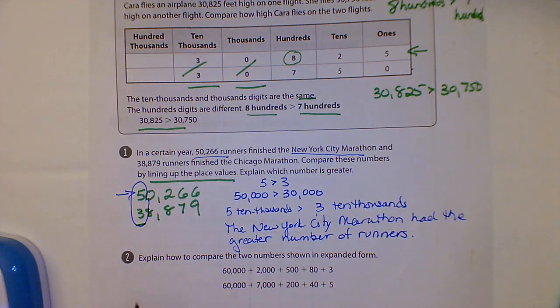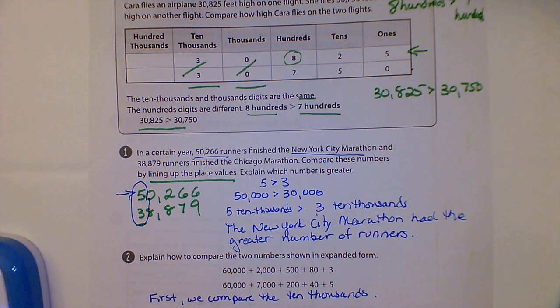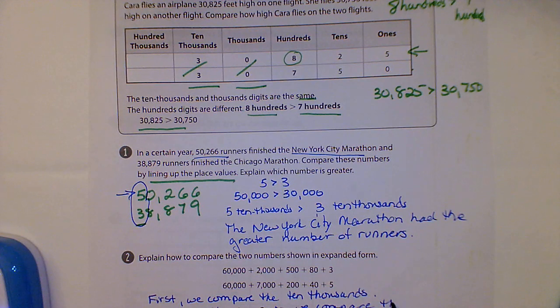So I would say, first we compare the 10,000s. They are the same, so we compare the thousands.